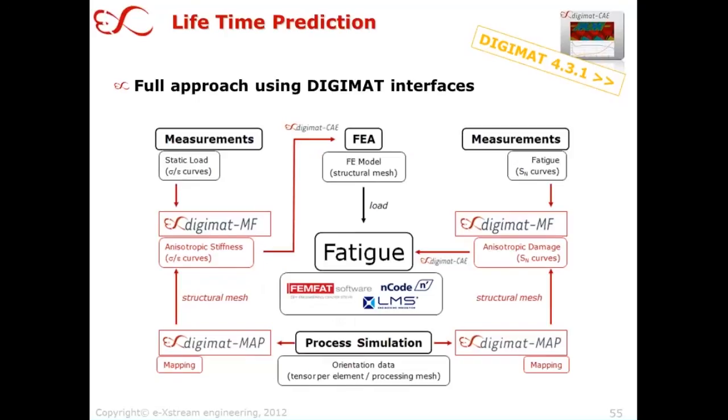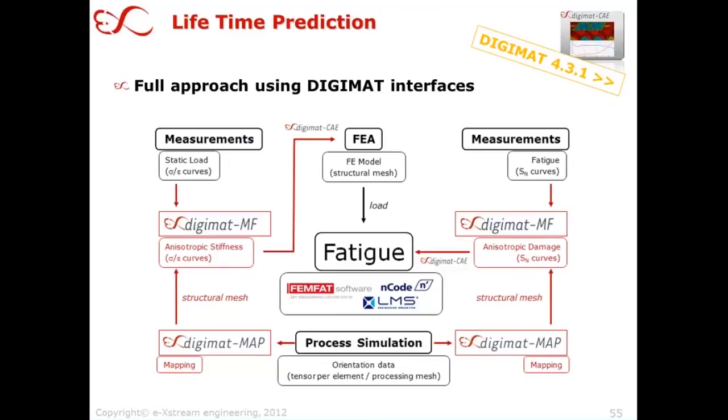And of course, this is a collaborative effort, so collaborations are put up with LMS, nCode, and FEMFAT fatigue software developers, and this is ongoing development on our side. And what we have today is, for the LMS Virtual Lab code, a beta version. So if you're interested in that topic, we will be happy to join in a project to validate what we have here.